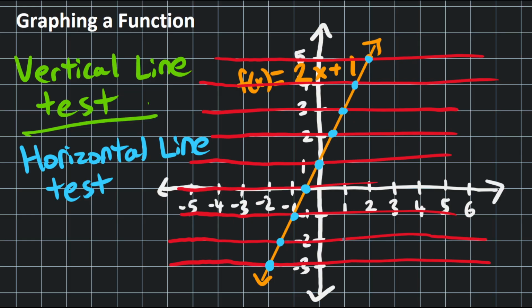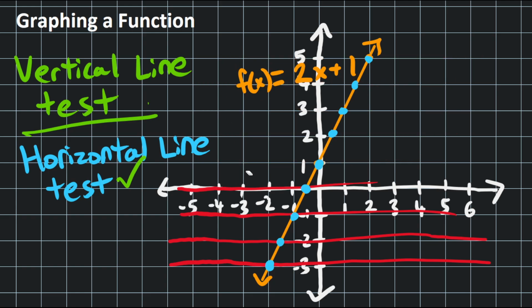There you go. So every horizontal line that we drew only touches the graph once. That means f of x passes the horizontal line test. Let me get rid of all these lines. There we go.